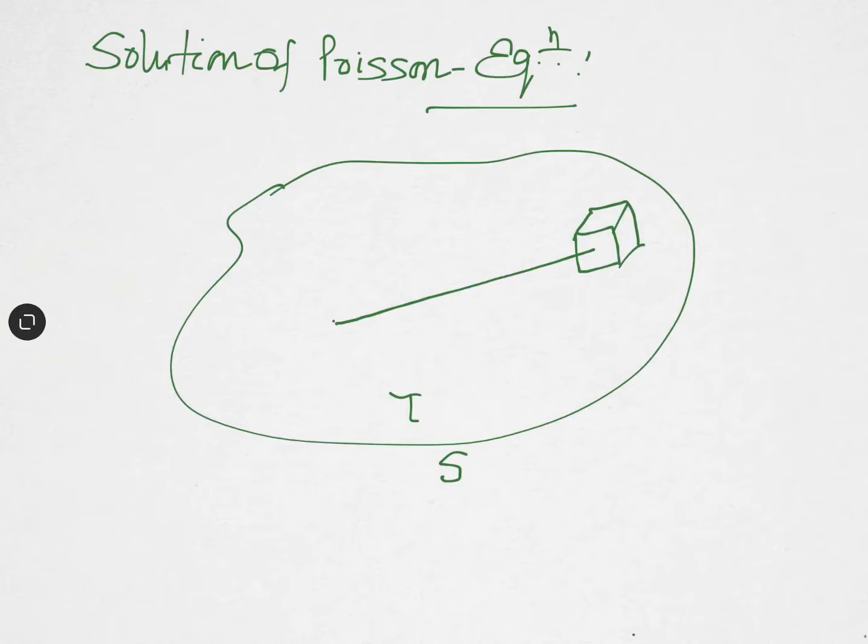This is just a small volume charge distribution, say this is d tau, and here is a point O. The distance between O and this point inside the elementary volume is P, and its coordinates are x prime, y prime and z prime, let us say.